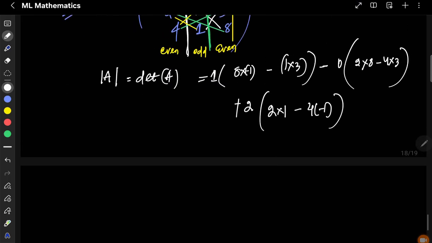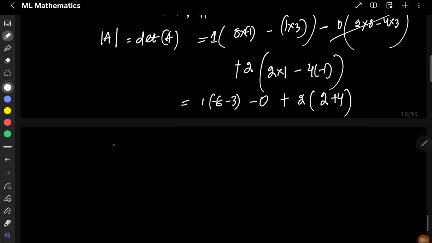So if you find the determinant, it is minus 8, minus 3, minus 0 because the whole term becomes 0, plus 2 into 2 minus, so plus 4. So the determinant of A is nothing but minus 8 minus 3 plus 4, which equals 1.